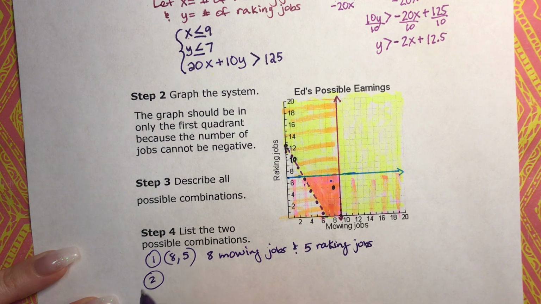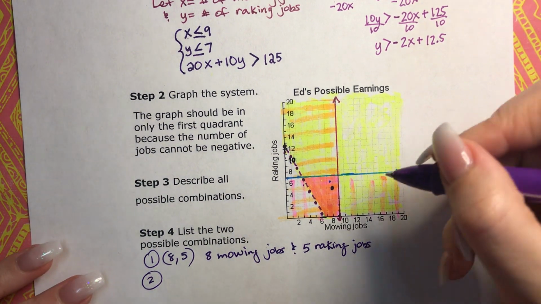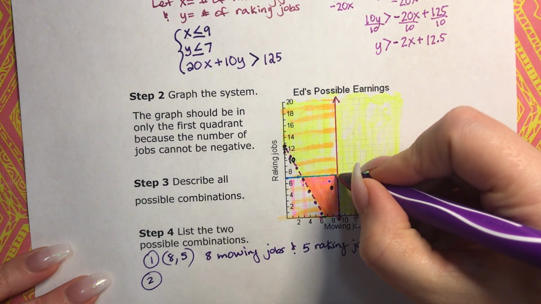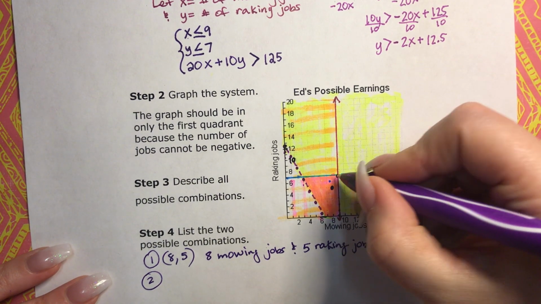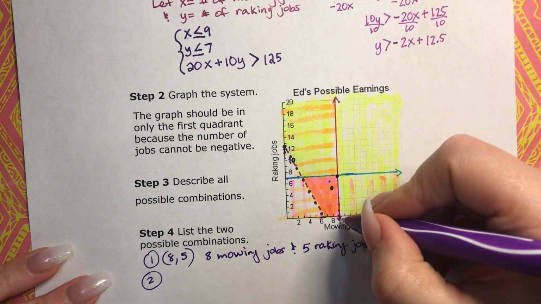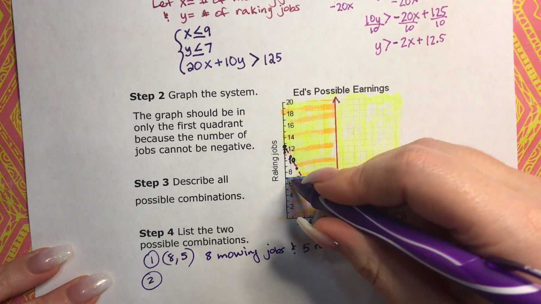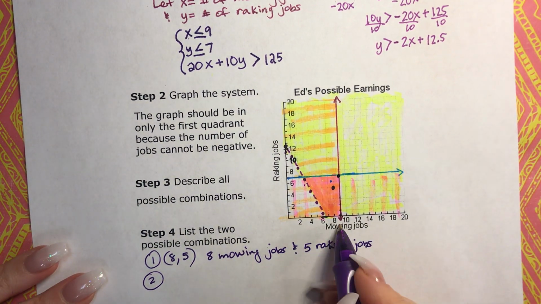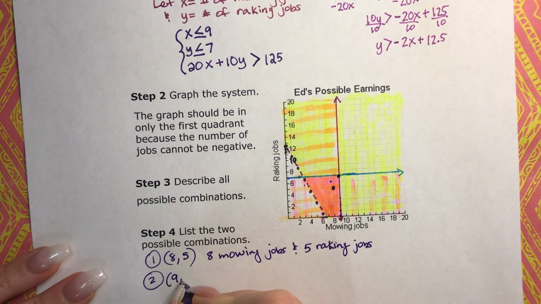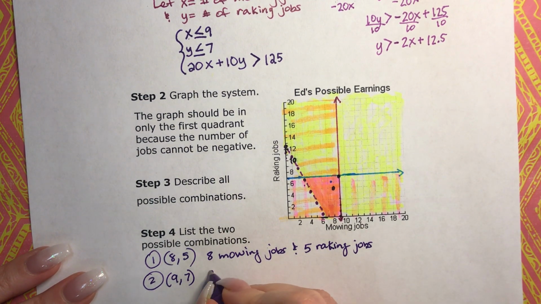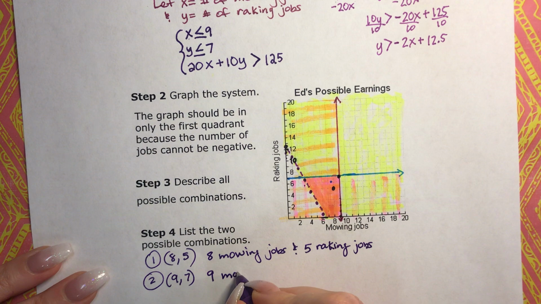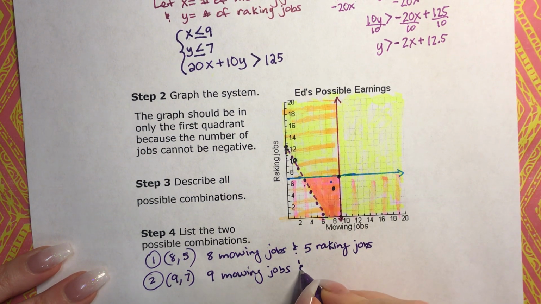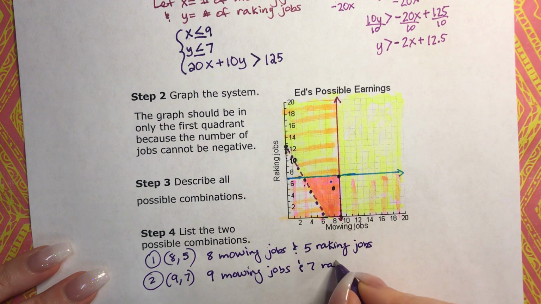So another one, there's so many options, right? But I think I'm gonna pick the one right here where they both kind of like connect. That's kind of fun, right? So what's that? That's 9 mowing jobs and 7 raking jobs. So that's 9, 7, which would be 9 mowing jobs and 7 raking jobs.